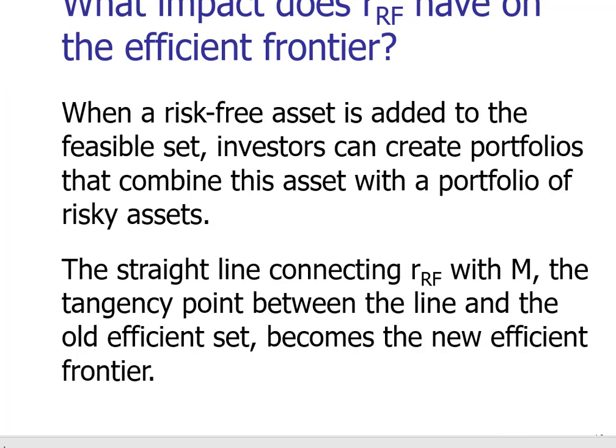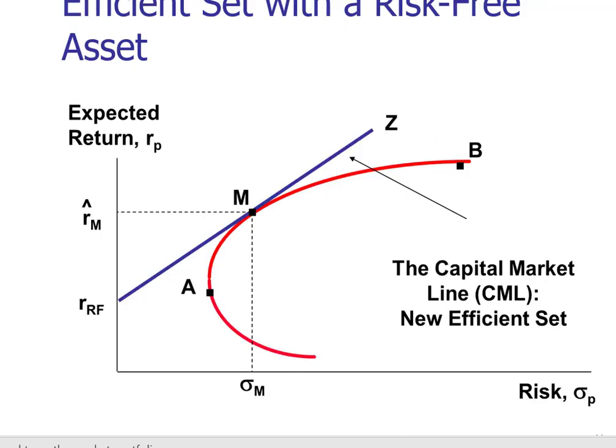So what does the risk-free asset do to this efficient frontier? What if you add this asset? Now we have on that curve all the risky things. Now we're going to add a risk-free investment. What this does is it creates a straight line relationship.